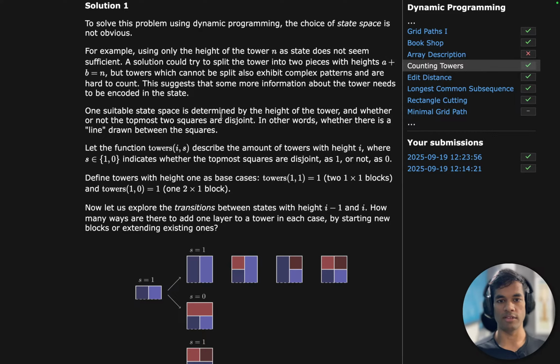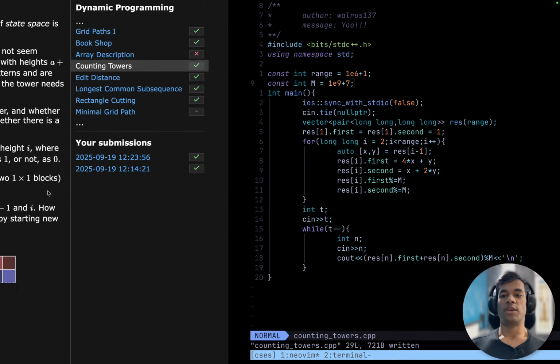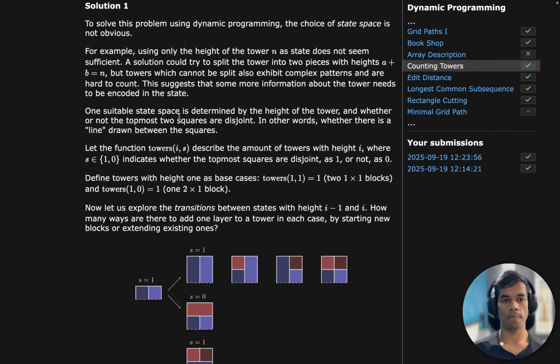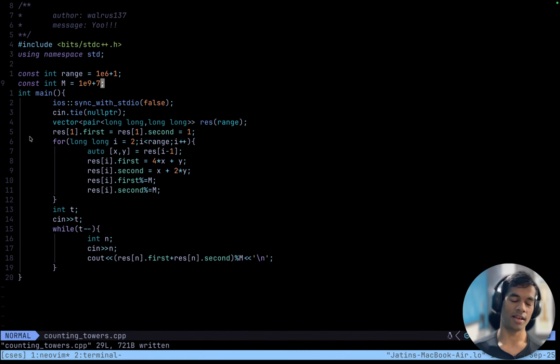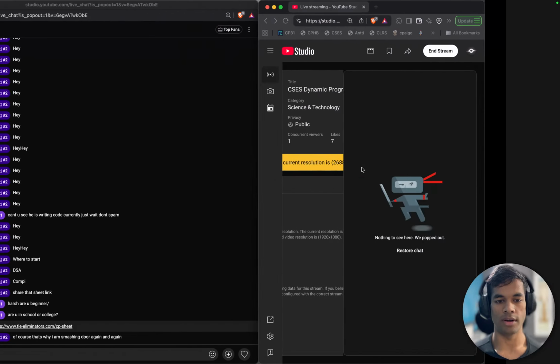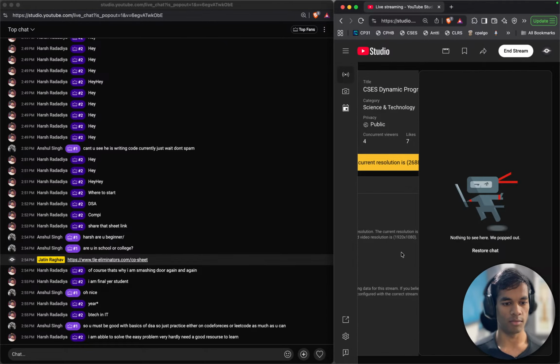One suitable state space is determined by the height of the tower and whether or not the topmost two squares are disjoint. That is exactly the information we are passing down. If there is a vertical line, then the row above has disjoint sets, and if there is no vertical line, then the last row has non-disjoint sets.